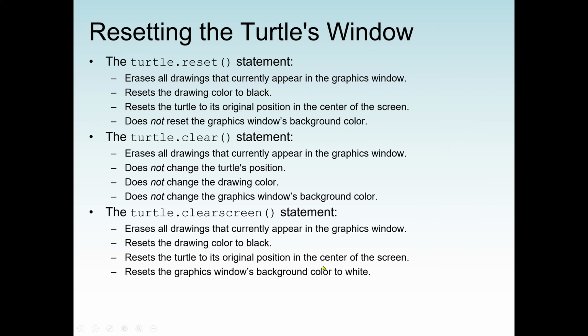So anytime we want to have a default white background color, we use the clearscreen method or function. If we want to leave the background color as it is, then we can use reset. But if we want to delete all the drawings on the screen, but we don't want to change the position of the turtle or the pen color or the background color, then we can just use the clear method or function.